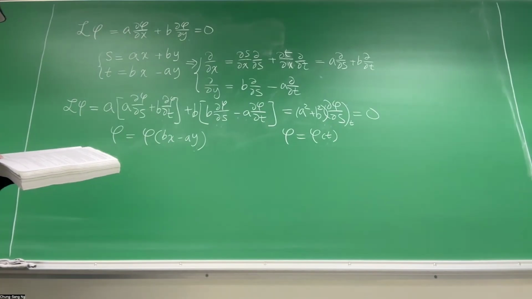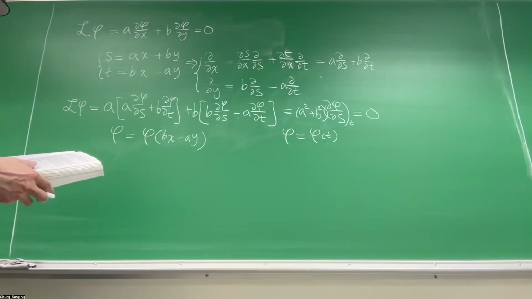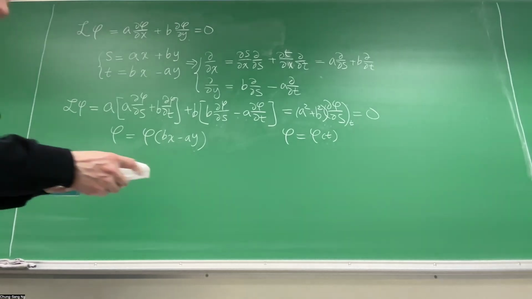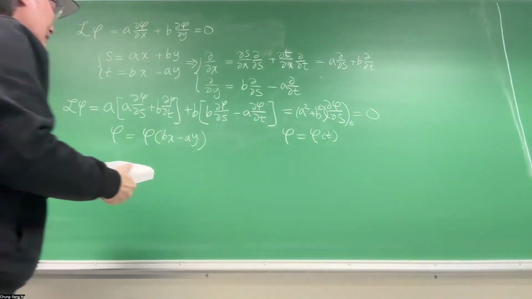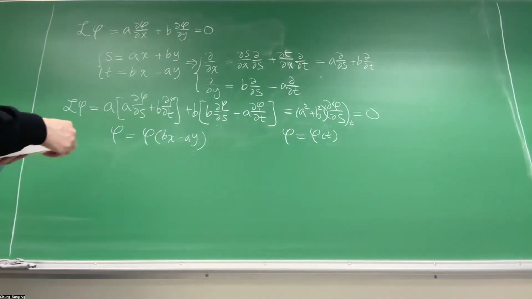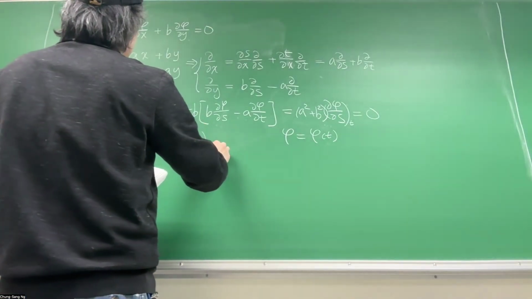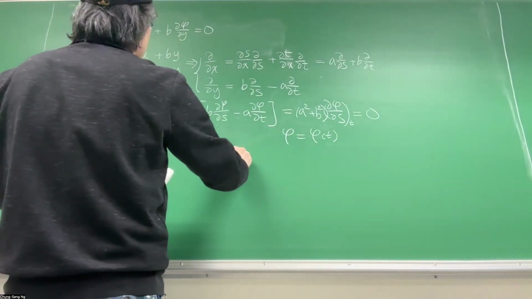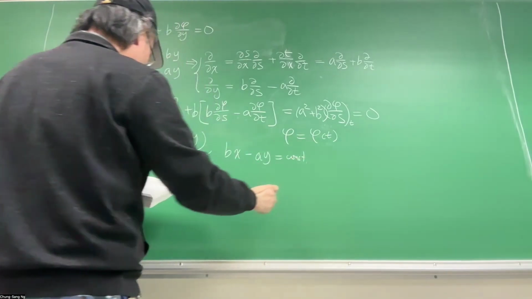That introduces a quantity that is called a characteristic. Basically, this is a line where t is constant. So phi depends on t. If t is constant, then that is a solution. So it means this will be x minus a y as a constant, right?